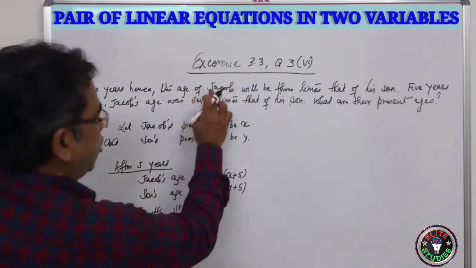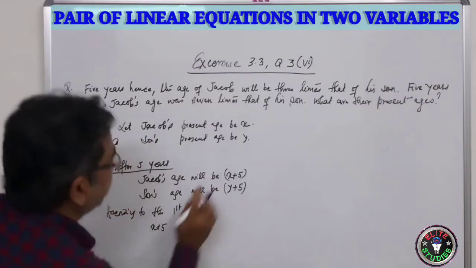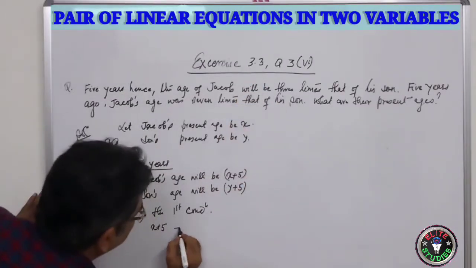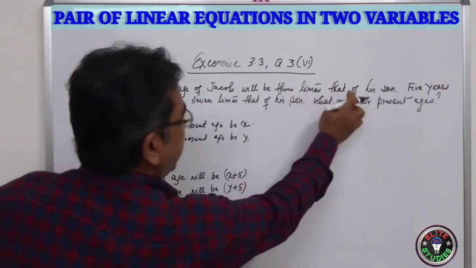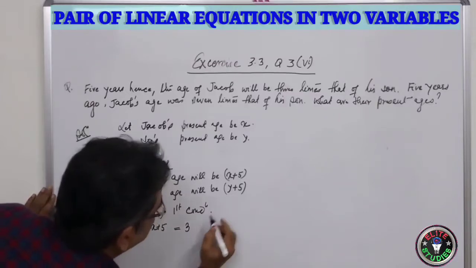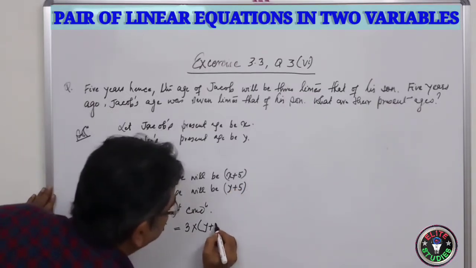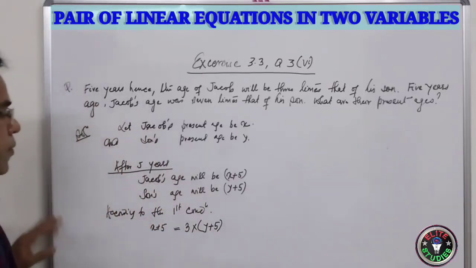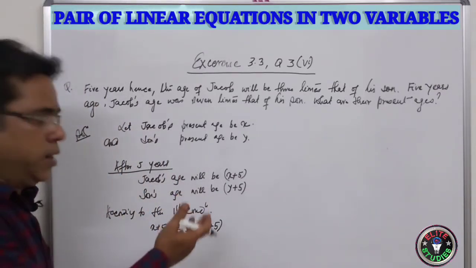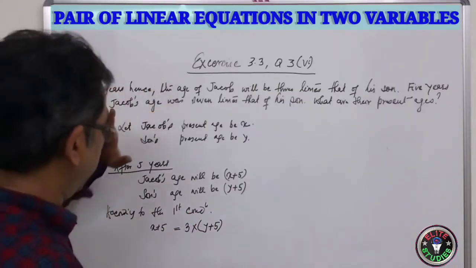Jacob's age means x plus 5 will be equal to 3 times that of his son. 3 times means 3 into, this is son's age, y plus 5. So dear students, we have framed the first equation from the first condition.